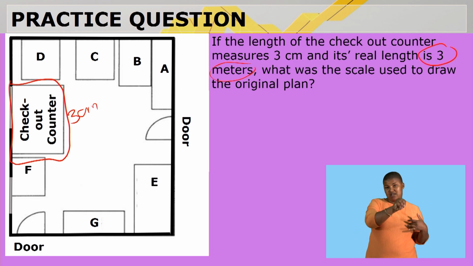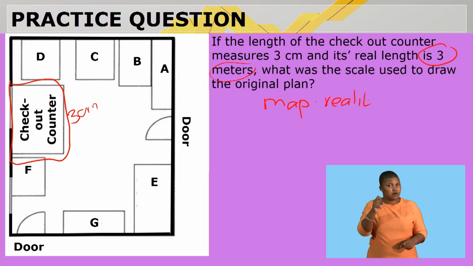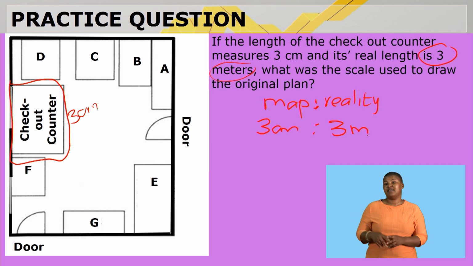So we need to figure out the scale. Now remember, the scale is always map to reality. And now we substitute what we've got. 3 centimeters is to 3 meters.